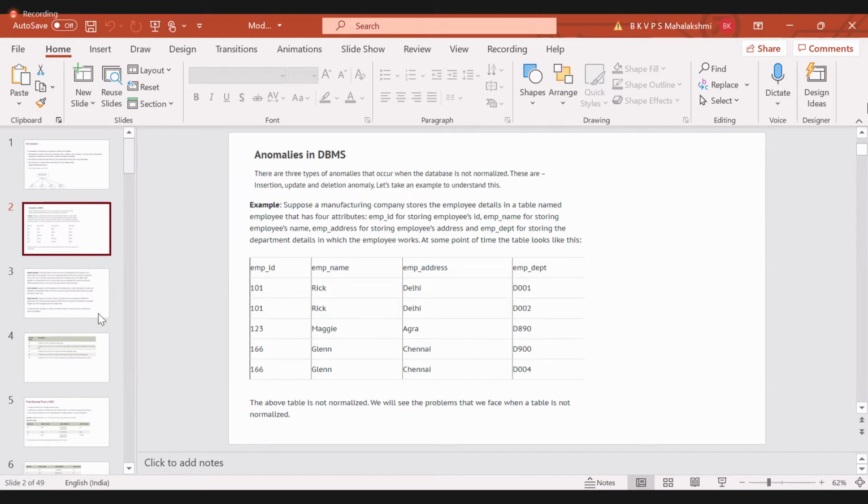See, you can observe here, this is the table consisting of employee ID, name, address, and also the department. So I can say this is the employee table. Okay, so it is not normalized. We have to normalize it. Why can we say it is not normalized?